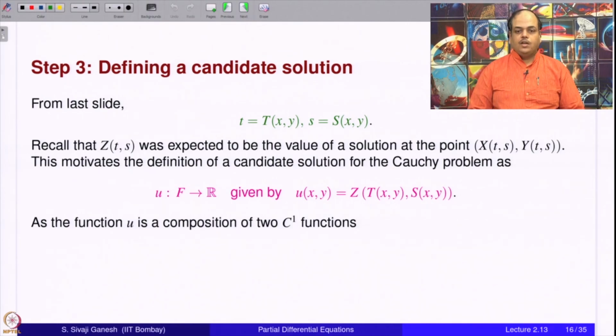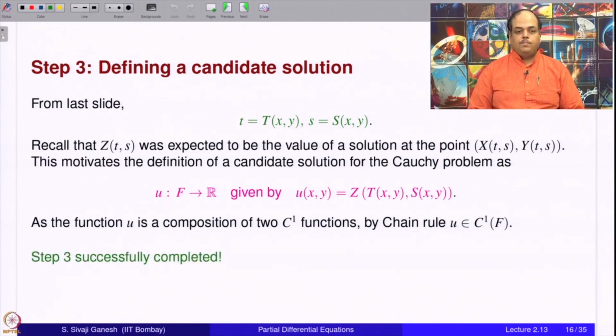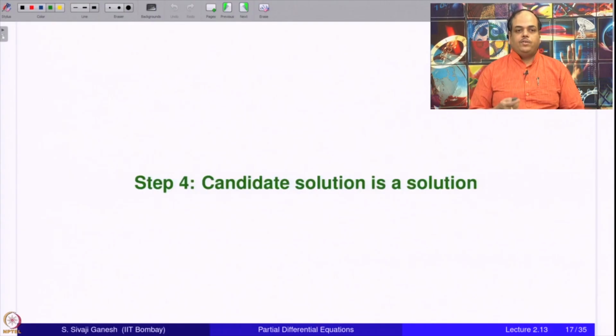As a function, u is a composition of two C1 functions, so by the chain rule u itself is a C1 function on F. So, step 3 is successfully completed. We have defined a C1 function as a candidate solution. In the next step we are going to check that this is indeed a solution.